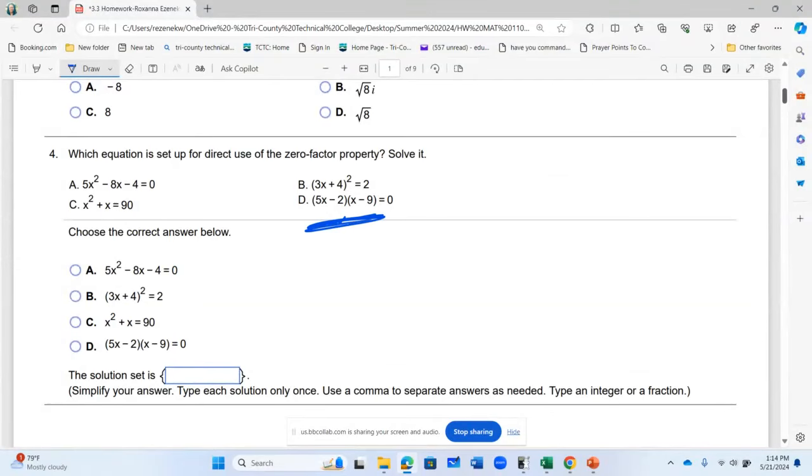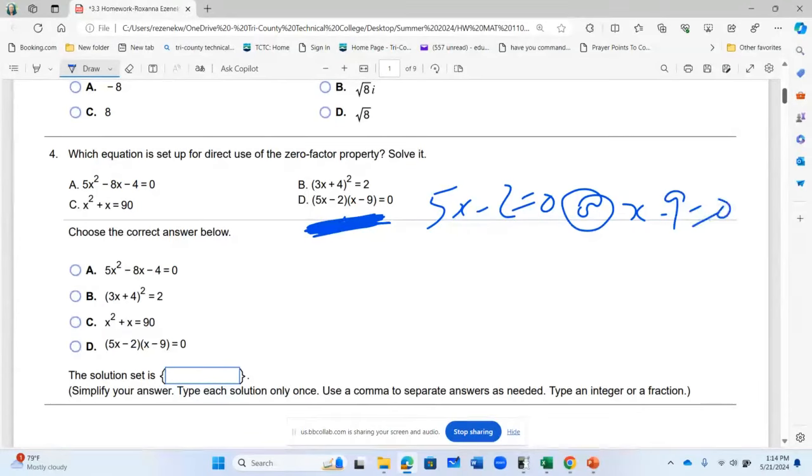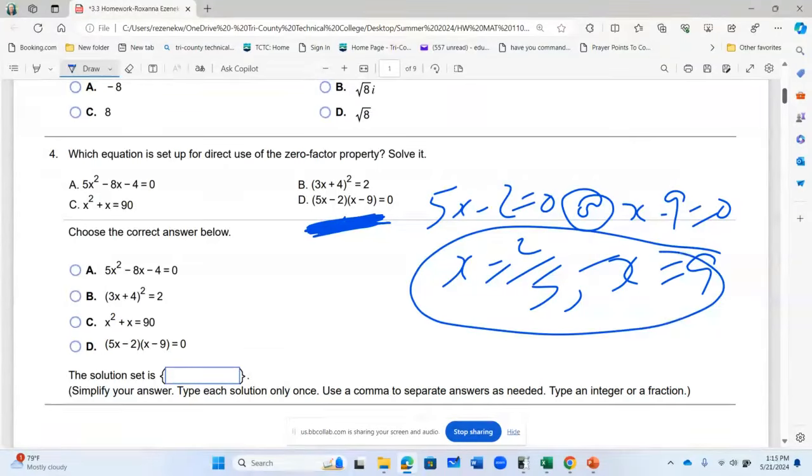If two functions or binomials are multiplying each other, then you can use the zero property. So I can do 5x minus 2 equal to 0, or x minus something equal to 0, and then you solve. You get x equal to 2 over 5 here, and here x is equal to 9. So this is the zero property.